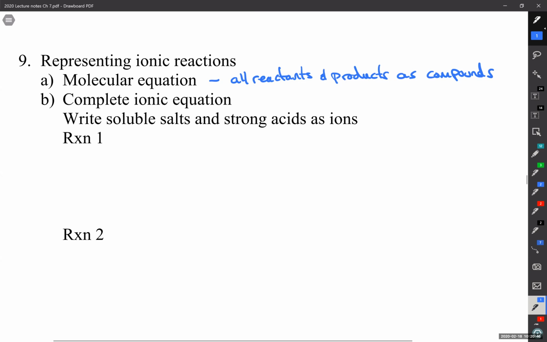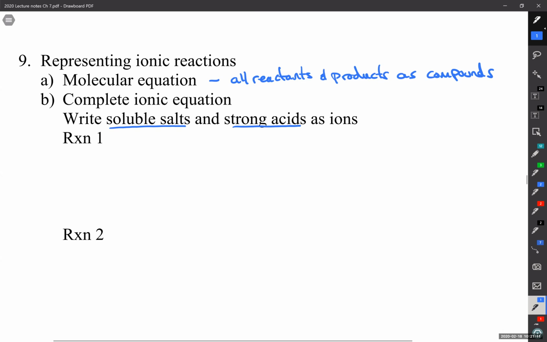Okay. You write out everything as ions as long as they're soluble. So you're going to break up the soluble compounds and write those as their ions. Soluble salts, that's what we're talking about, ionic compounds. And strong acids we write as ions.